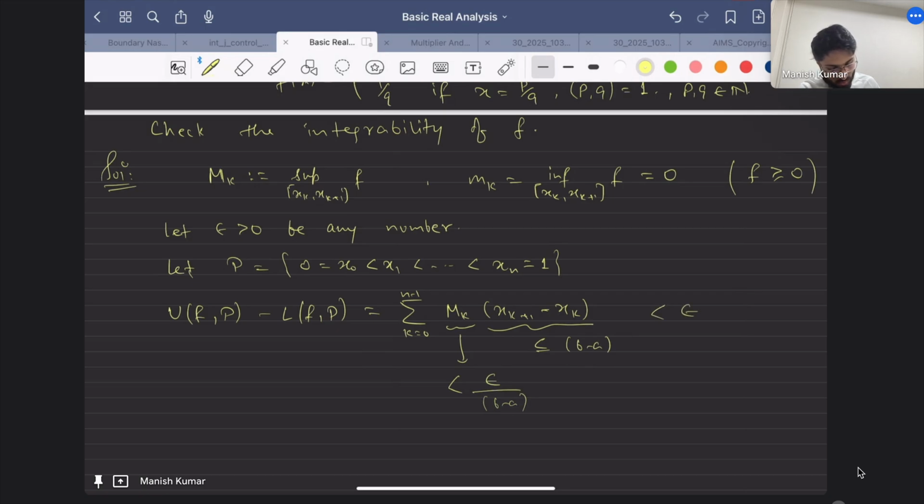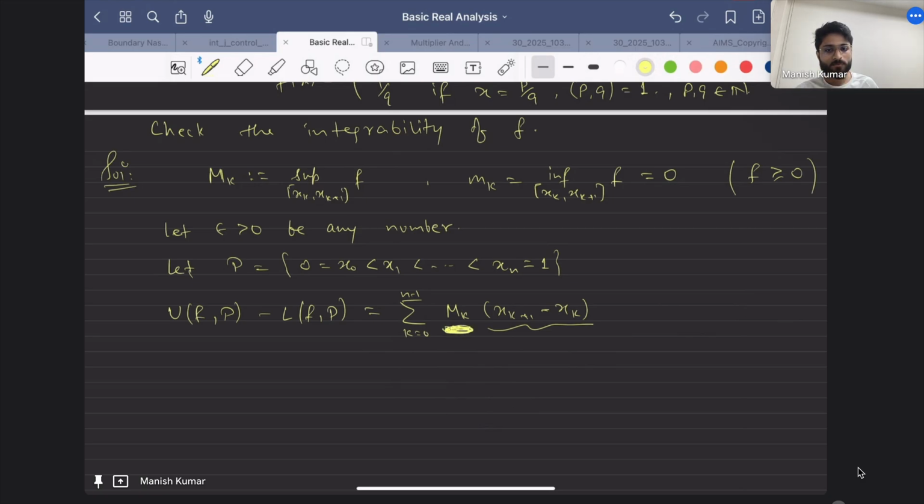Suppose Mk is bounded by this kind of quantity, epsilon by b minus a, and now the summation of lengths would give me b minus a, so this would be epsilon. So once I can make this small, then I know that this will be small. This is one case. The other chance could be, okay, this is what we should think of: we would like to make this quantity very small.